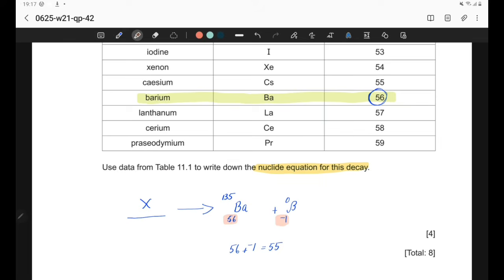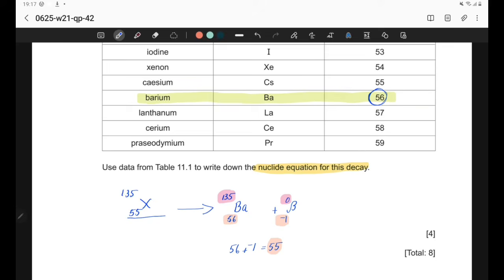So the total number of protons at RHS is 55. Therefore, at LHS also it must be 55. Likewise, the nucleon number also should be balanced. Here the total nucleon number is 135 and 0, so that is 135 plus 0, that is 135.